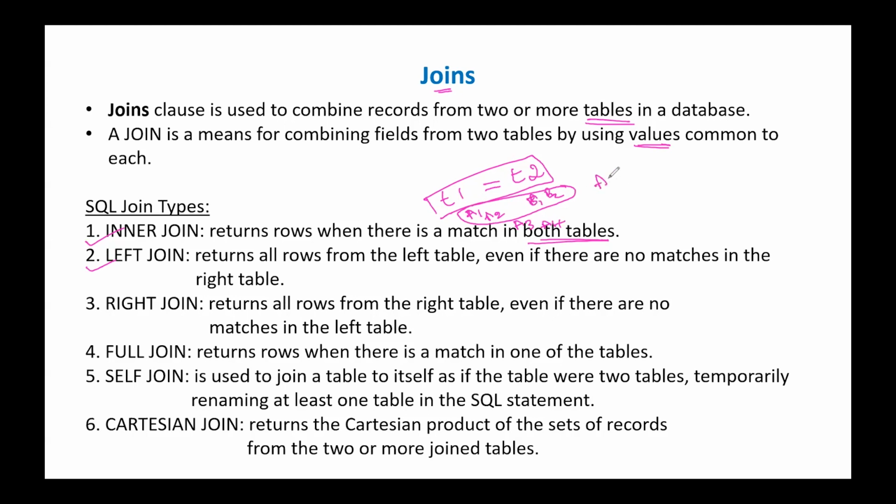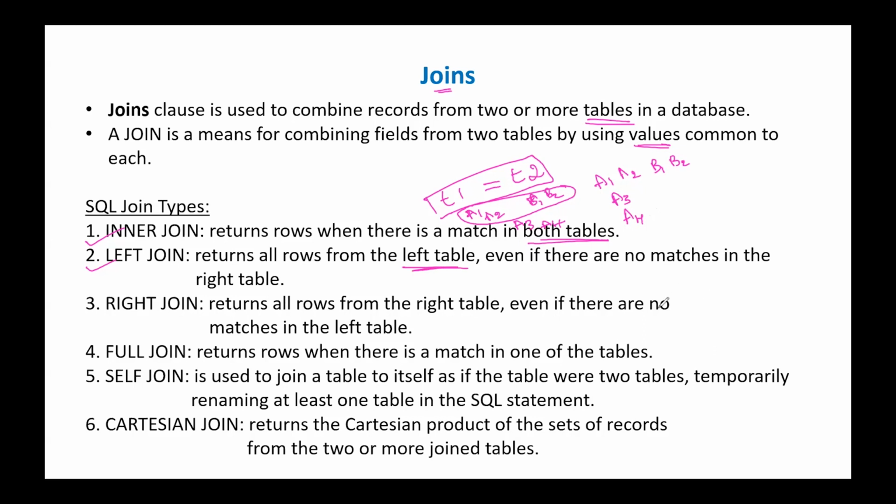So I'm going to display A1, A2 from the first table and B1, B2 because those are matching. Apart from that, when I display all the other attributes of the left table, which are A3 as well as A4, it is called a left join. It returns all the rows from the left table, even if there are no matches in the right table.